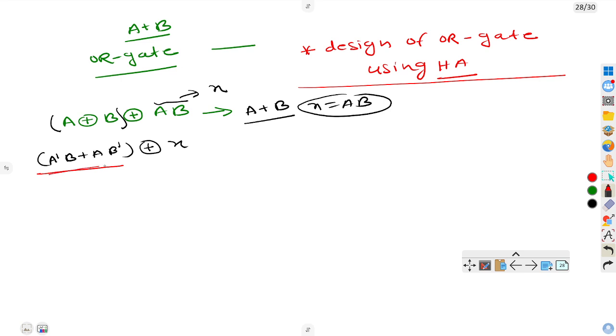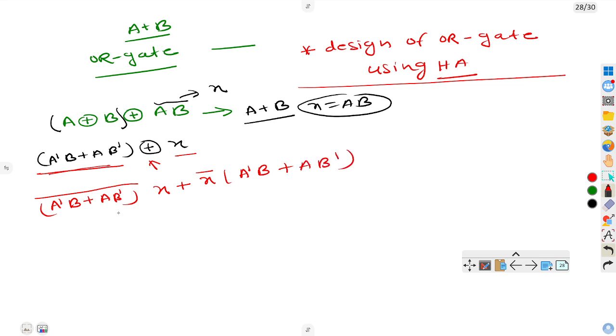You can consider this as input one and this as input two, and this is the symbol of the XOR operation. So overall complement of A bar B plus A into B bar, into X, plus X bar into A bar B plus A into B bar.